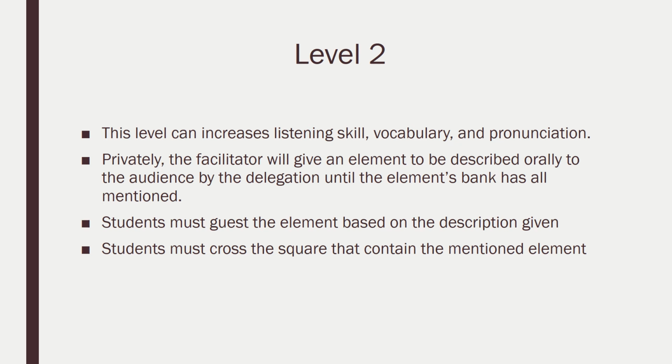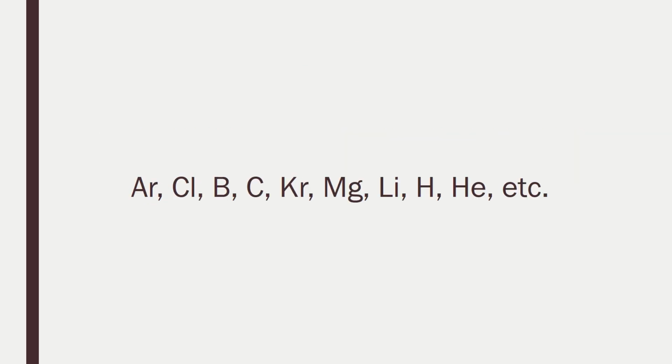Students must guess the element based on the description given. Students must cross the square that contains the mentioned element. Here are examples of elements we shared to the delegation.